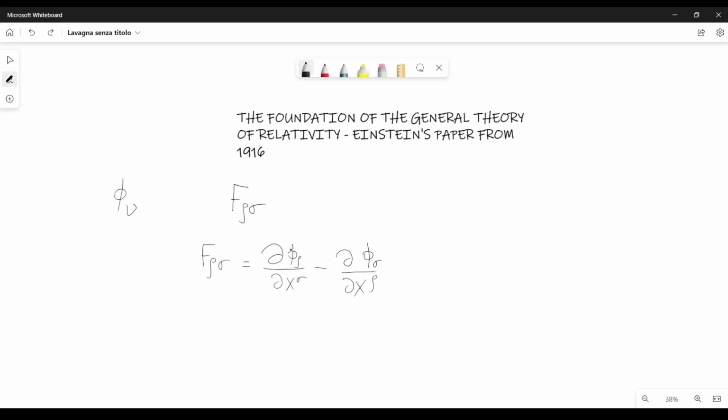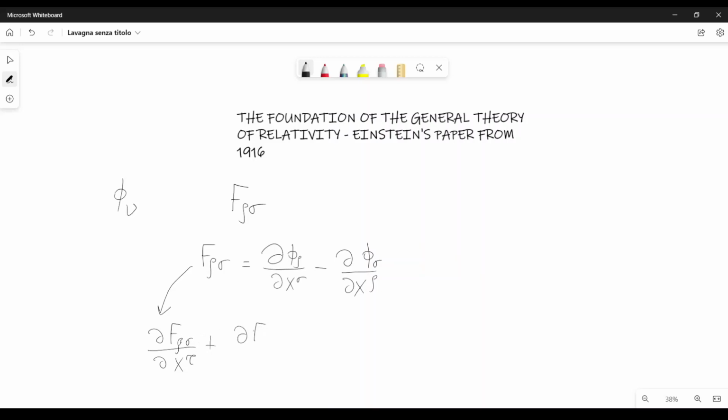It's just notation. Now, we also know from tensor calculus that we can write down this relation, df rho sigma with respect to x tau, and then we add similar terms where the indices rho, sigma and tau are permuted. So we make a permutation of those indices.